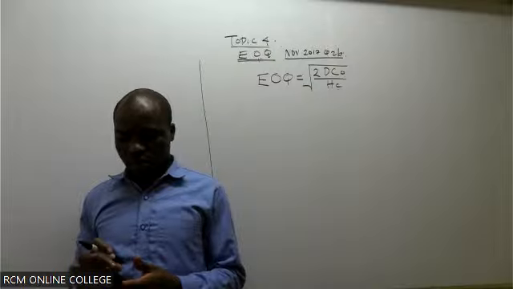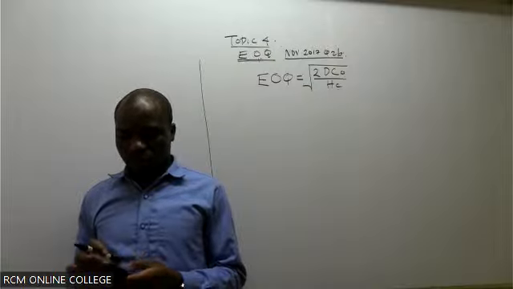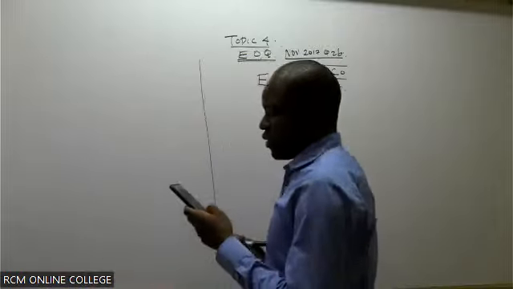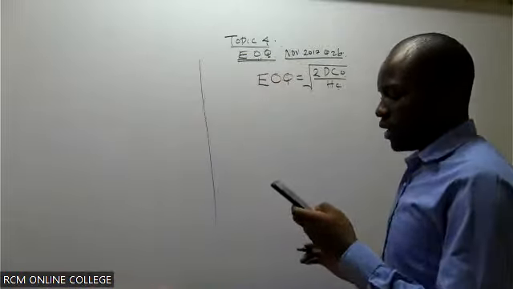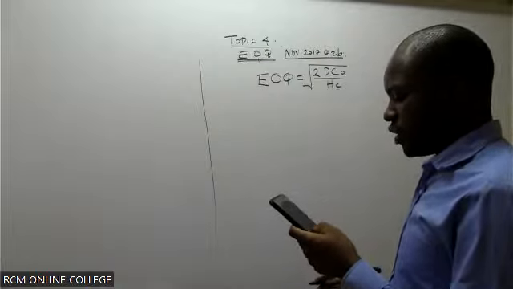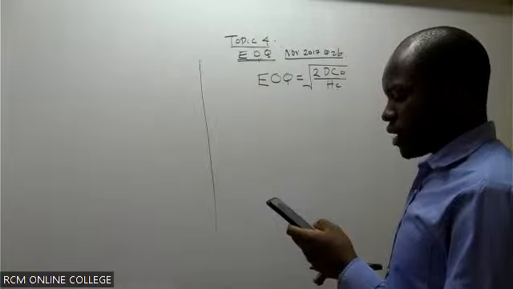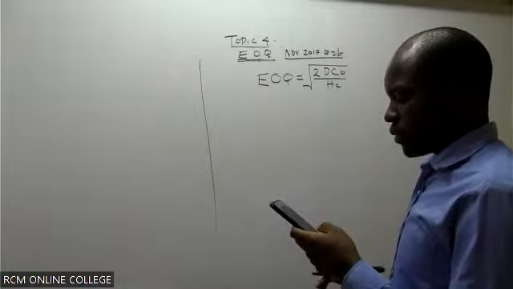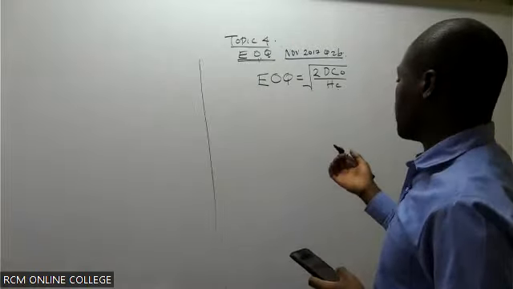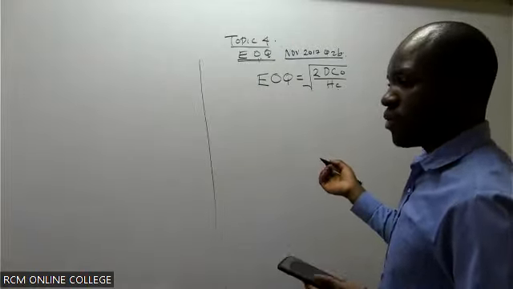Question number 2B. So we are being told there that BK Limited orders a new material graded X for its manufacturing purpose. The following information is available from the production manager. So we have annual consumption of X in units. Can someone tell us what that represents?